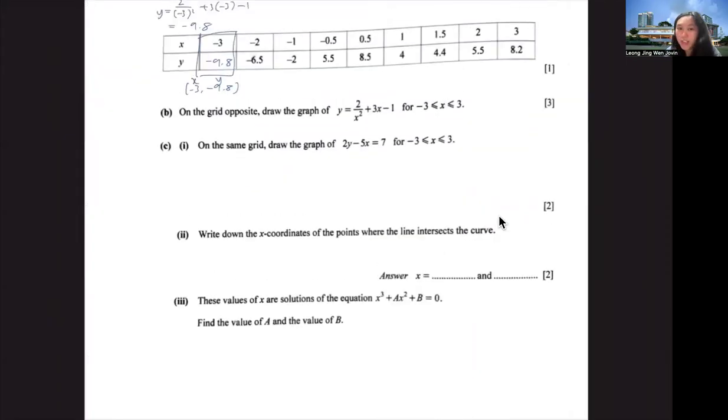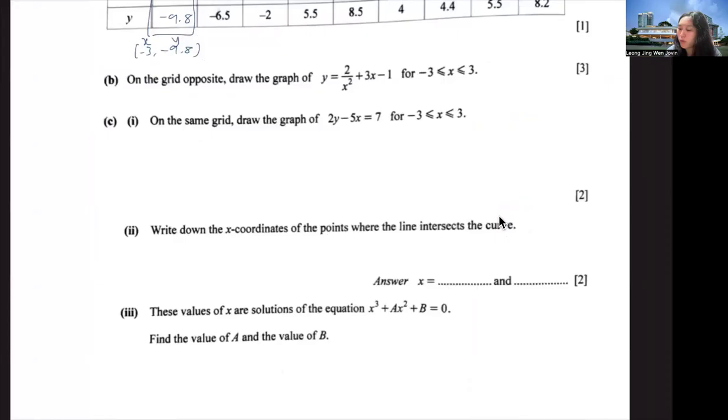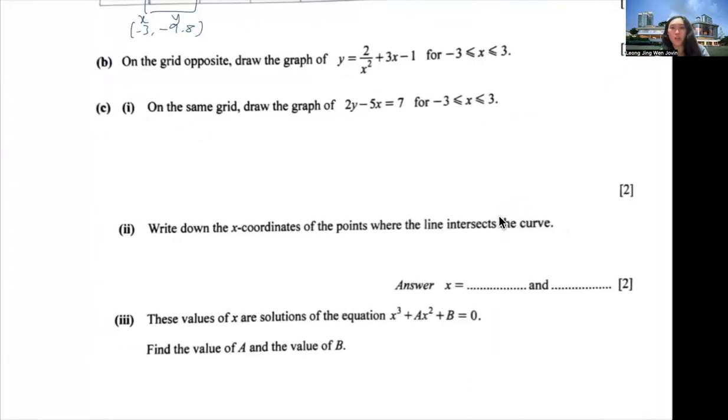Okay, next, on the same grid, I need to draw the graph of 2y minus 5x equals 7 for a range of minus 3 to 3. This line over here would be a linear function, right? It just looks like a straight line. How do I know it's a straight line? If I move my terms around, I can get an equation of y equals mx plus c.